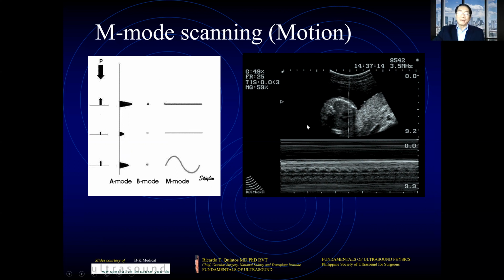This is pretty much used in many self-moving organs. For example, the heart: as the heart is beating, you are able to see the movement of the valves, the movement of the ventricles and the atria, and you will see them plotted against a longitudinal axis of time.